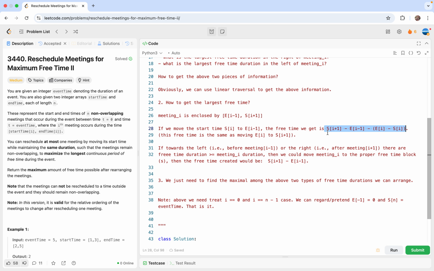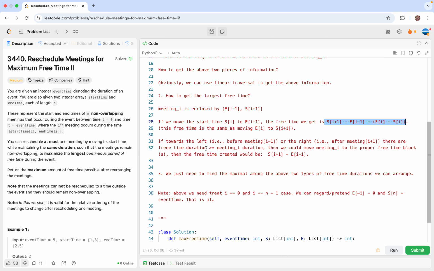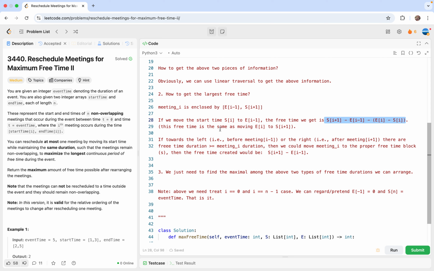This is the one possibility only, because we are allowed to change the order of the meetings. If we want to put the current meeting, E_i and S_i, to the left or to the right, then there are two possibilities. First, if there are free time durations either on the left or right, as long as it has one, that will be sufficient.